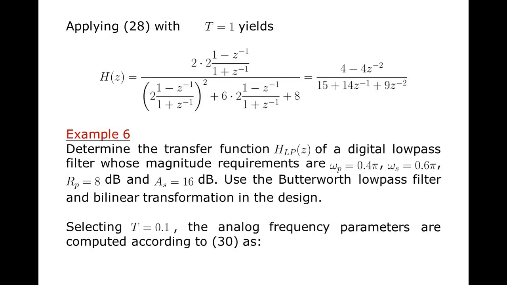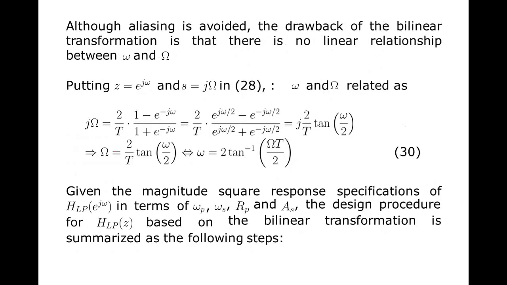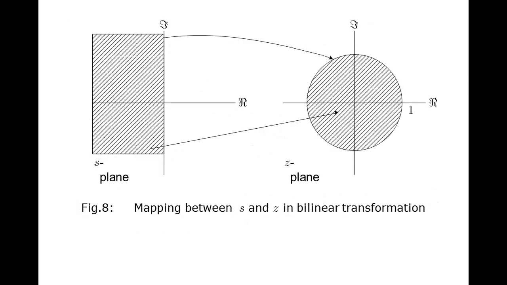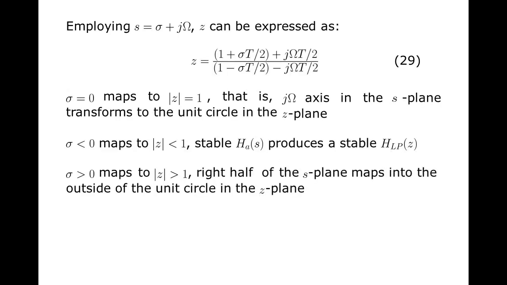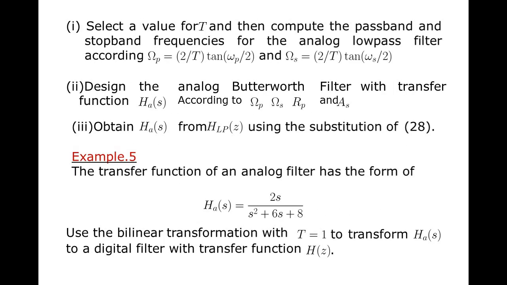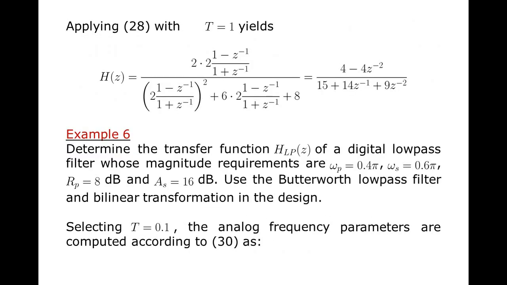You have to substitute the value of S, which we know is 2 by T into 1 minus Z raised to minus 1 upon 1 plus Z raised to minus 1. Substituting that value into H of S, you will directly get H of Z, the digital transfer function.